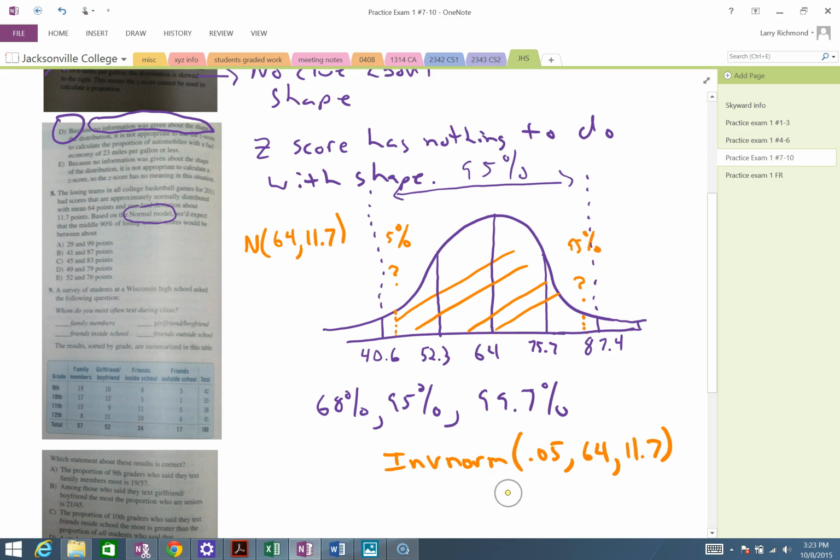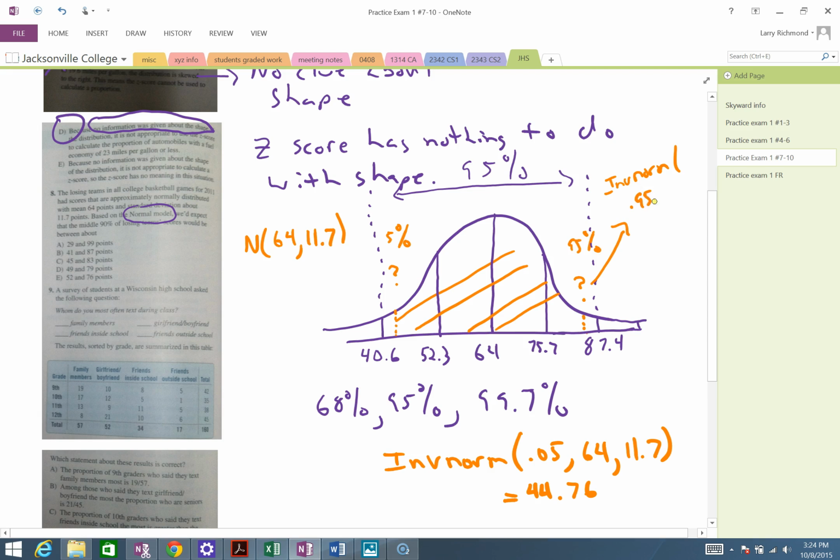And that returns 44.75. And that looks reasonable. If that's 40.6, and this is 44, that looks real reasonable. Well, how much is it going to be on this other side? It's about 4 up from there, so this side's going to be about 4 down. It's going to be in the 83 range. To find this side, I'd go inverse norm of 0.95.